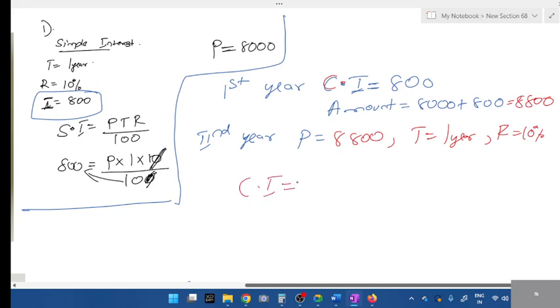What's the formula I told you all, students? Same formula. PTR by 100. Complete it, substitute and find. First, go through what you have done, students. Don't just simply copy. Go through what you have done.